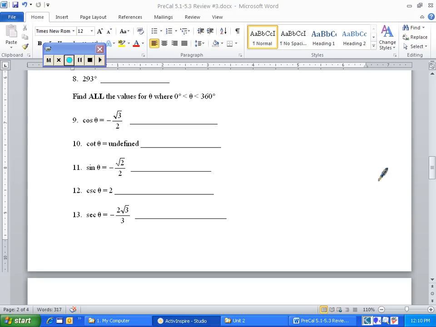Well, tangent is y over x, so tangent is 0 here, tangent is 0 here. So that means in these two spots, tangent equals 0. So at 0 and 180, tangent will be 0. So since tangent is 0, that means that cotangent is undefined. So the answer to this question would be 0 and 180. And I'm also going to throw in 360 since it is the twin of 0.